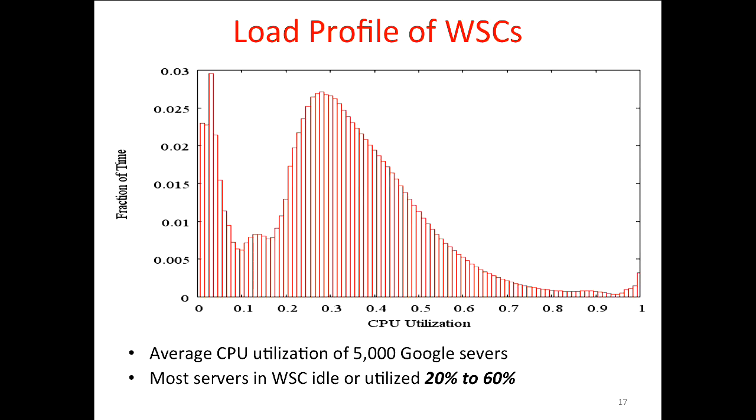Here, CPU utilization is 0, right? That means the server is idle. So usually, the servers spend most of their time in the idle status, or they are only utilized from 20% to 60%. So it's not utilized fully. It's rarely utilized fully, as you can see here, right?